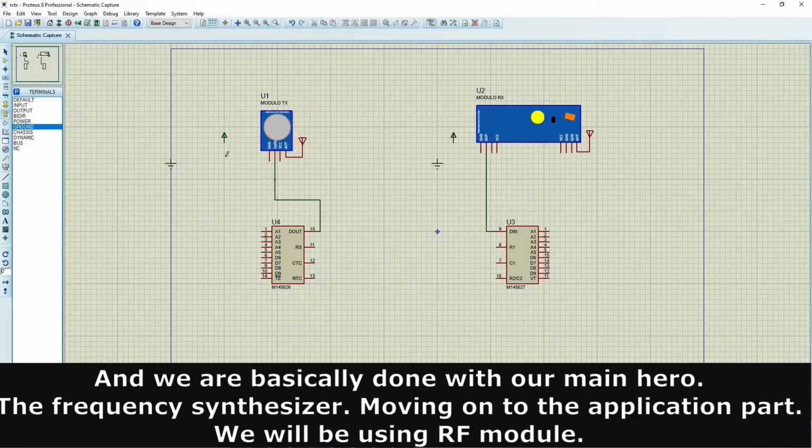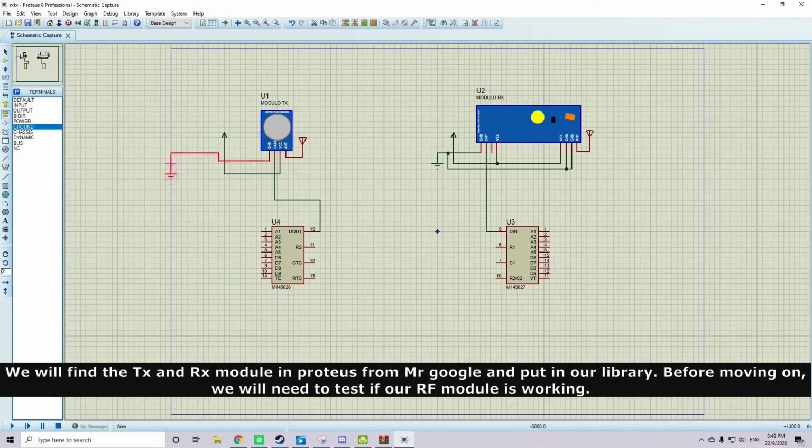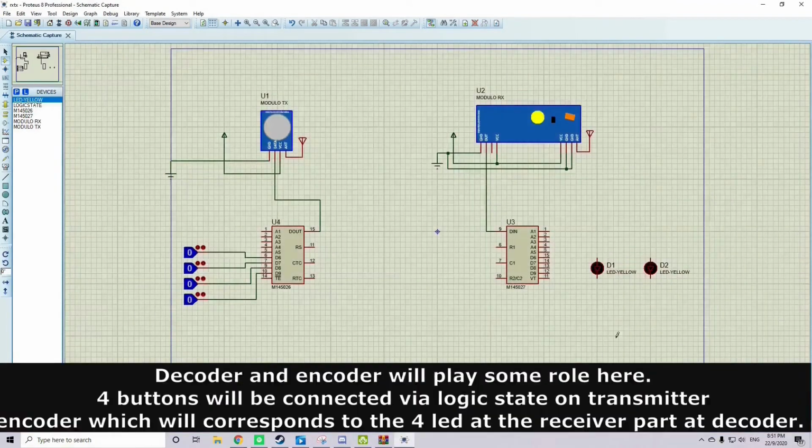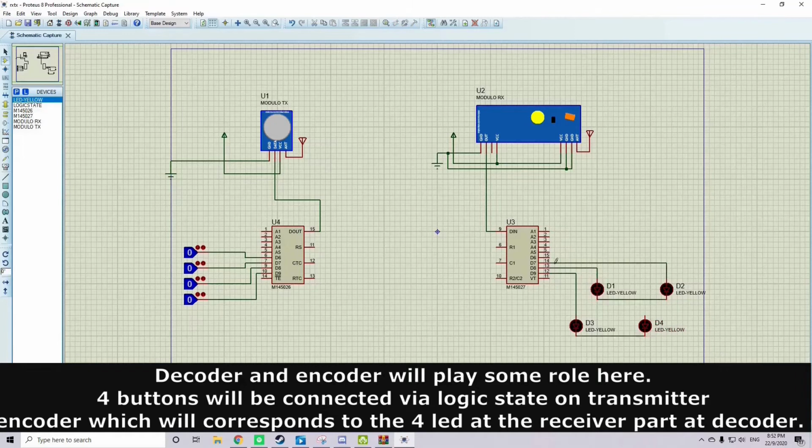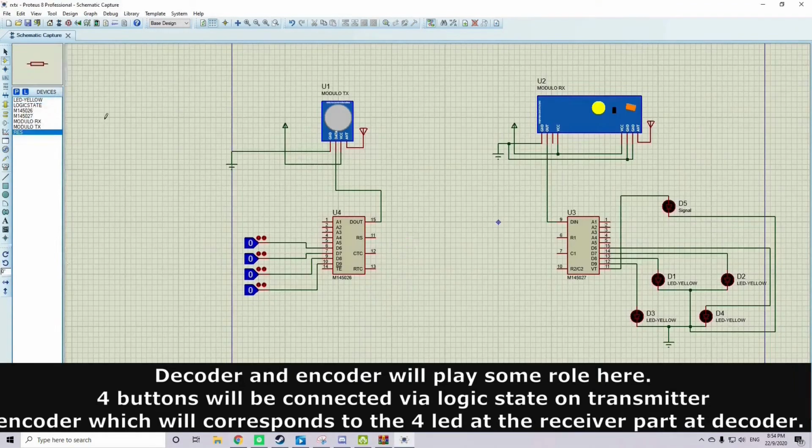Moving on to the application part, we will be using an RF module. We will find the TX and RX module in Proteus from Mr. Google and put it in our library. Before moving on, we will need to test if our RF module is working. Decoder and encoder will play some role here. 4 buttons will be connected via logic state on the transmitter encoder, which will correspond to the 4 LEDs at the receiver part at the decoder.